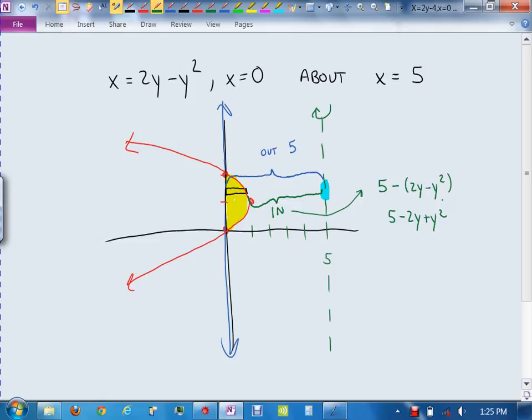Now I go to the formula: outer squared minus inner squared, pi in front. So all the setups on these are pretty much the same. The challenge first is get the region to look right, and then stand on your axis of rotation, look out, what's your outer, what's your inner, make sure you've got that all taken care of, and then write the formula.